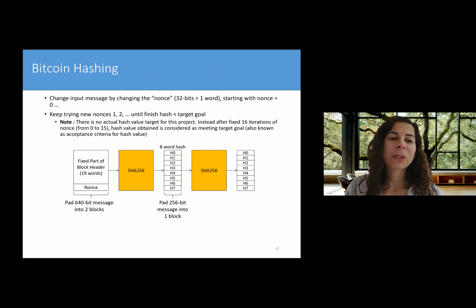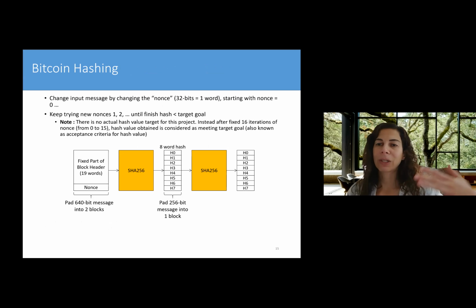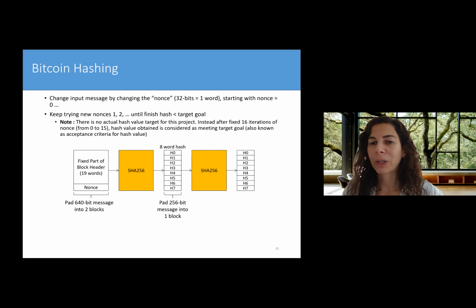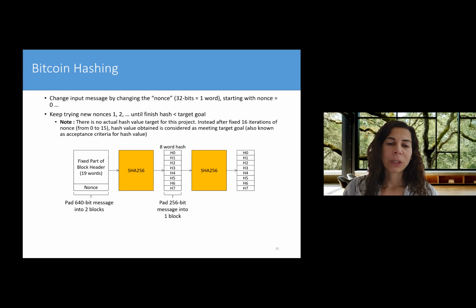Again, for the purpose of practicality, we don't look at the actual hash value in this project. We're just going to compute exhaustively all the 16 choices, and there's no comparison at the end to any kind of threshold.